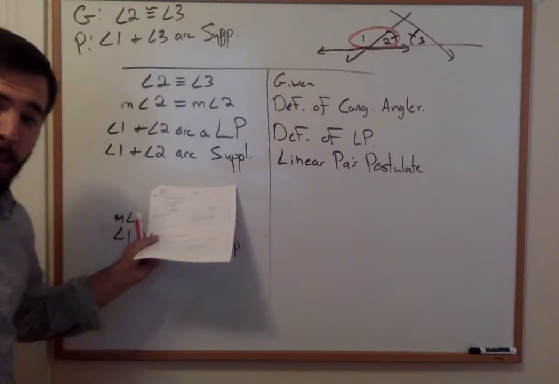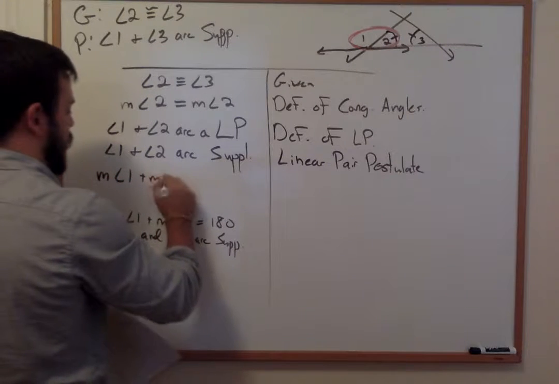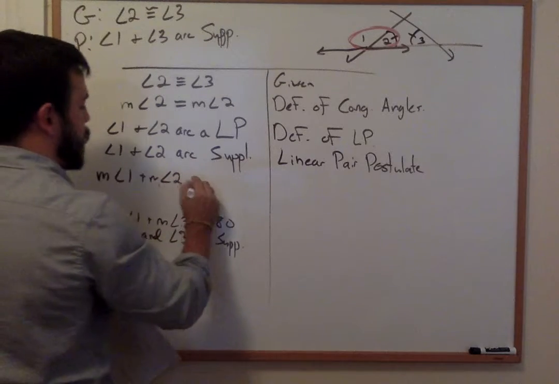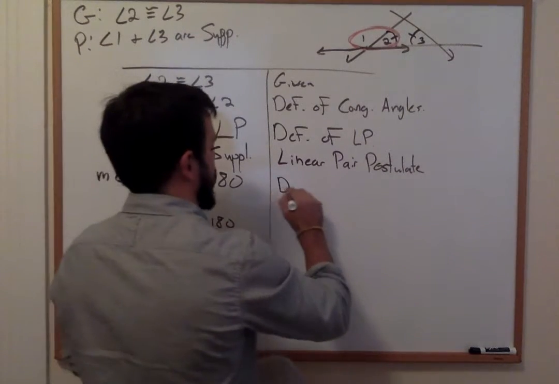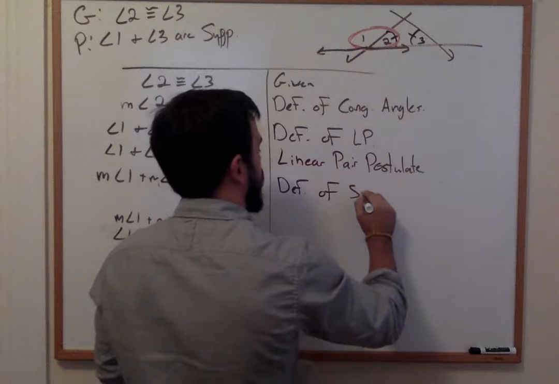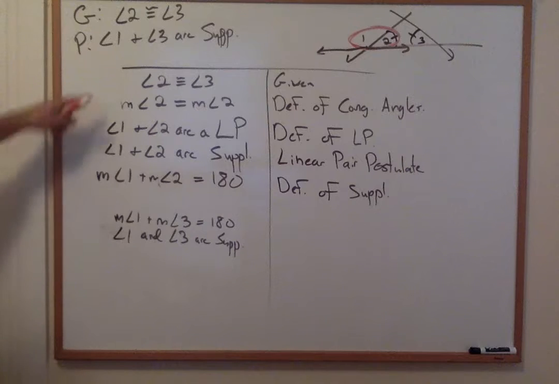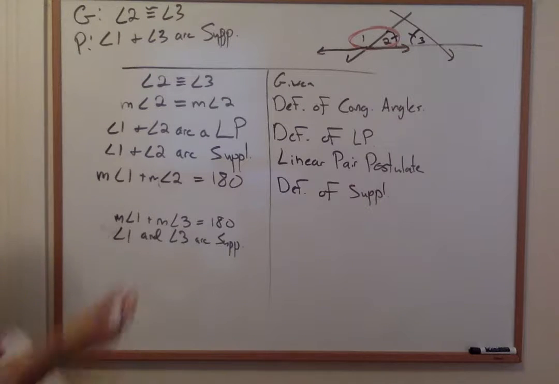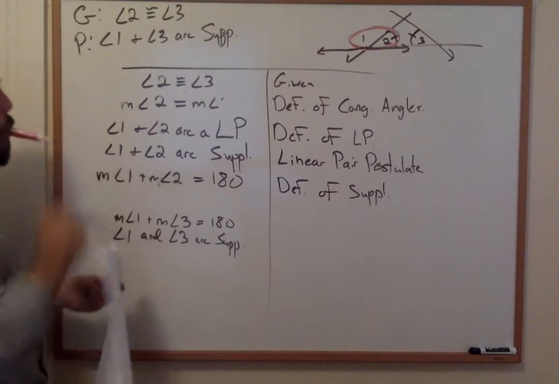Now, because I know they're supplementary, now I know that the sum of their measures will be 180. And that's because I know what the definition of supplementary is. Well, look at this. This connects right down with what we had written before. Now, because I showed previously, oh, I apologize, guys. That should be a 3.